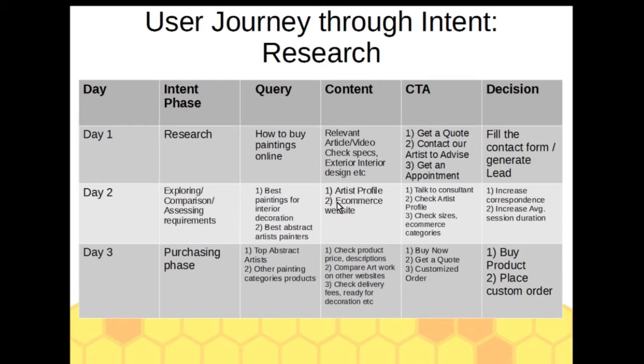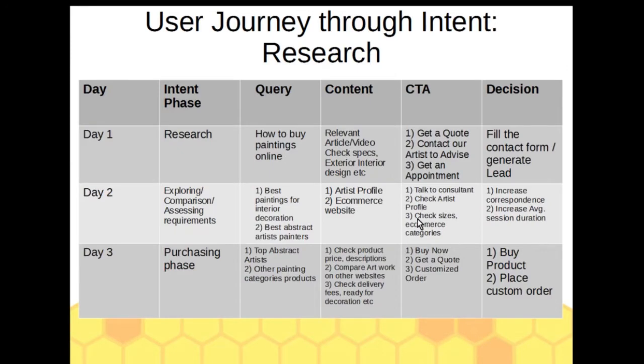And you can also display your e-commerce website links that contain the category of abstract artists or abstract painters or best paintings for interior decoration. On that page you can show a call to action, talk to consultant, check artist profile. So in that index or in that listing we would have multiple artists, and you can display your artist profile.